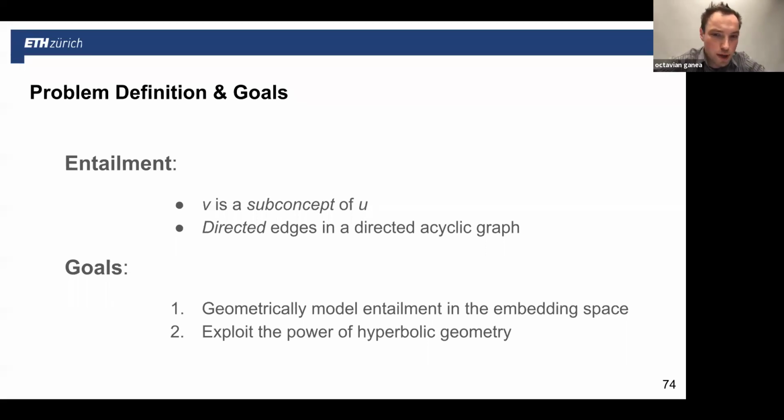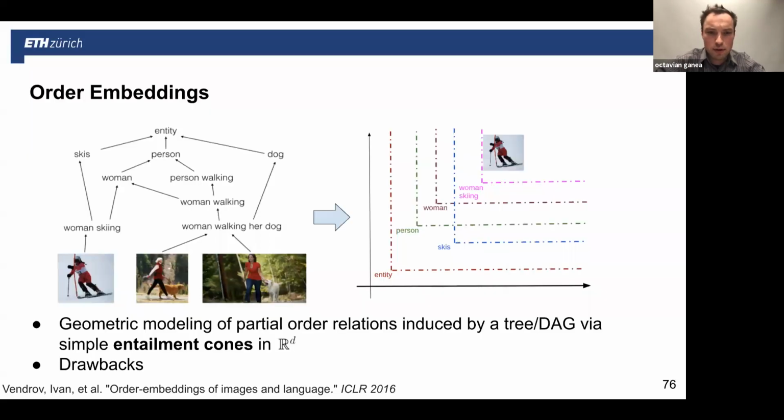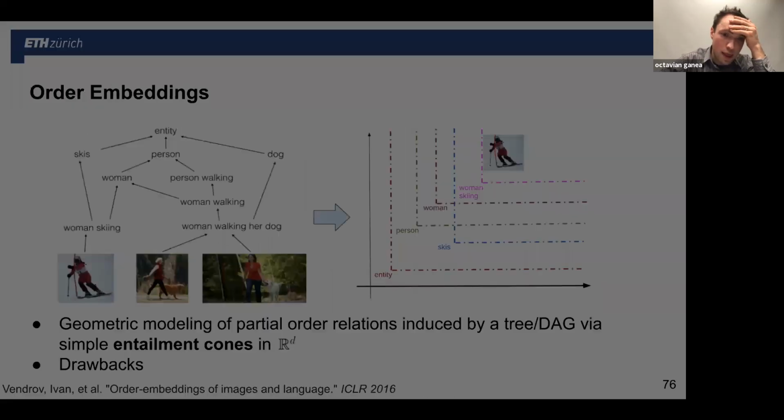So we don't want to embed just an undirected graph, but a directed acyclic graph. And of course, to use hyperbolic geometry. The previous paper had an experiment where they did something like that for WordNet, but they used a heuristic approach, which was not trained, just used at test time. I'm not going to cover that because we don't have enough time.